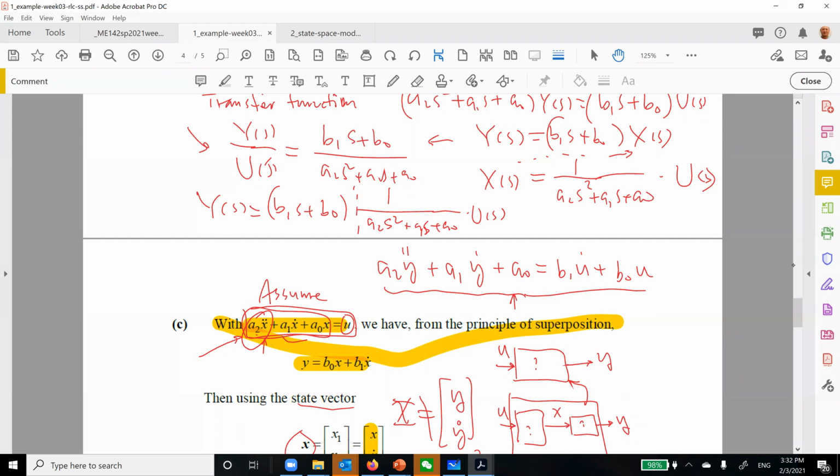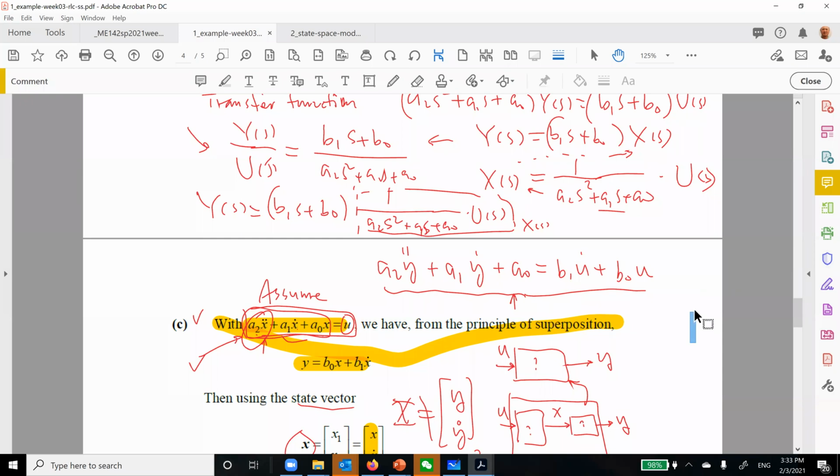We treat everything inside here as X. That's why we have a2 x double dot plus a1 x dot plus a0 x equals u, and the output y is b0 x plus b1 x dot. So now you completely understand why we have these two, okay?